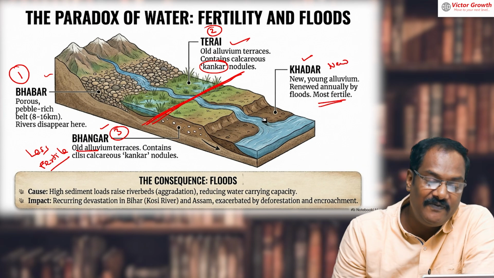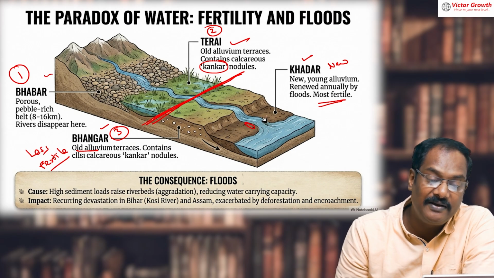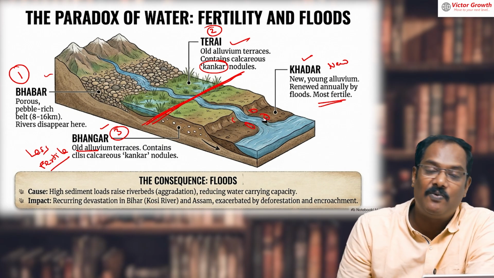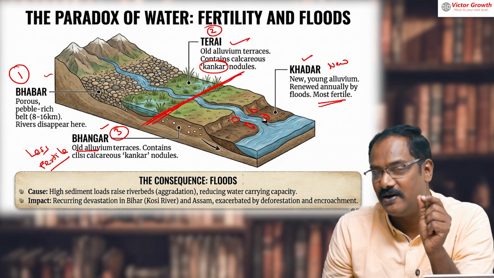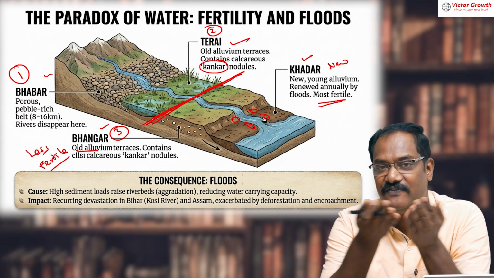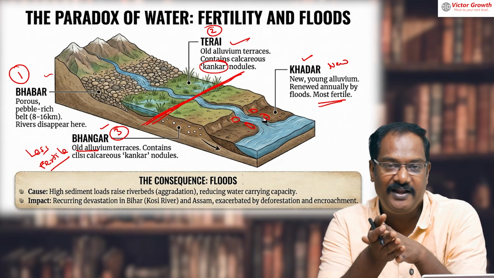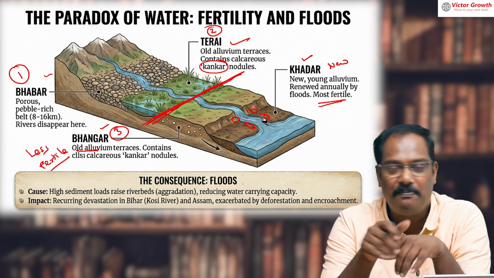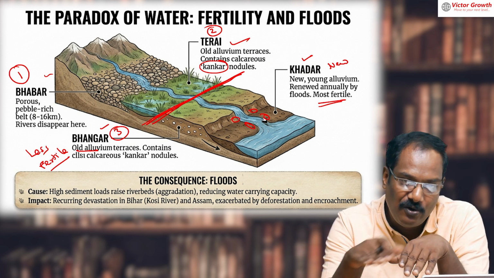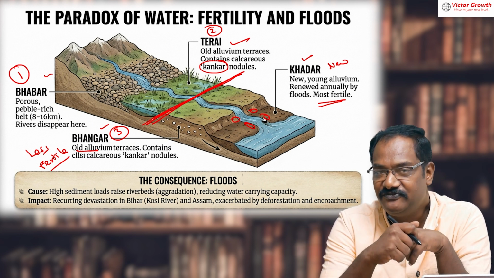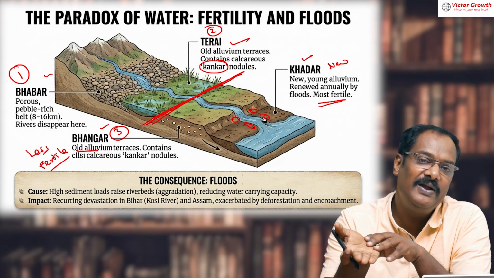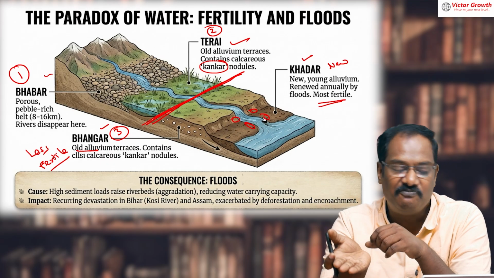But they are found very near to the rivers, and because of that they are very small in quantity. When the river is flooding every year, it will enrich the Khadar. But Bangar is away from it, sometimes below this also. They are not much fertile, but a large quantity of the alluvial soil in the northern plain is made up of Bangar.